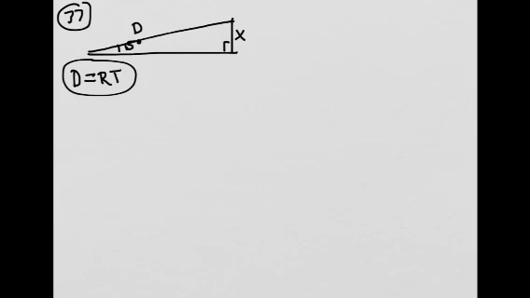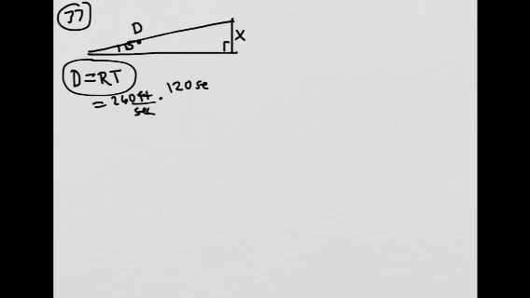So to find the distance that it's traveled along the path, the d value, we put 260 feet per second, and the time that we want to know is 2 minutes, right? We're not going to put 2 minutes because then the unit of time won't match. So we convert 2 minutes into seconds. 2 minutes is actually 120 seconds.